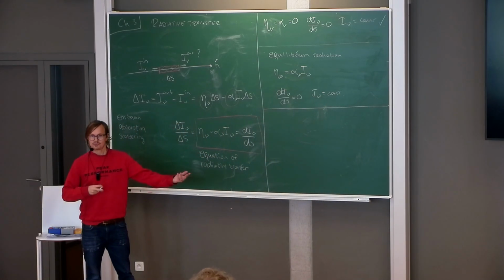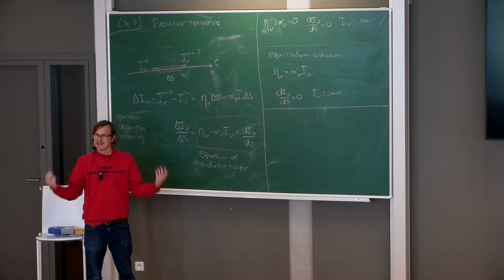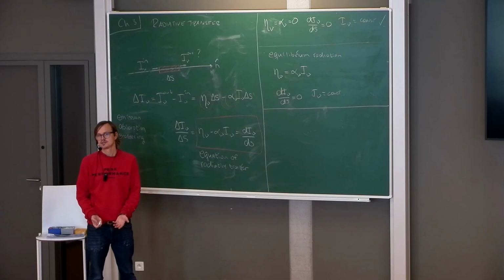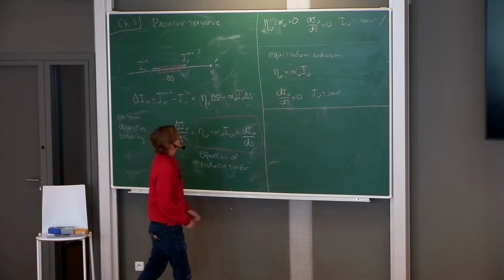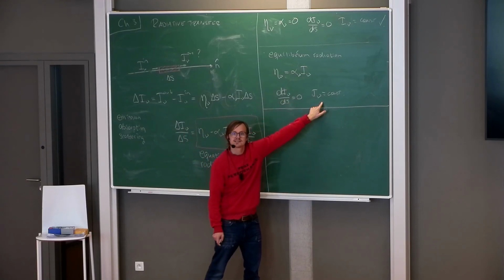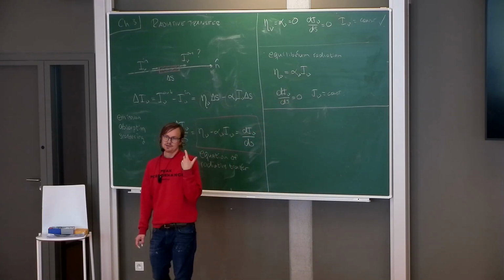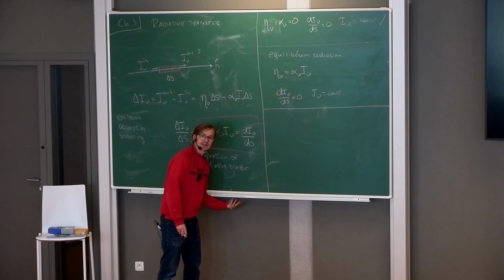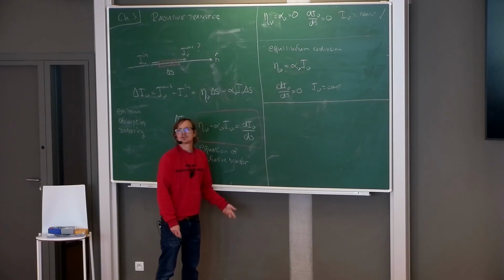So in both limits, we get that the specific intensity is constant. Now, in this case, this is equilibrium radiation, and then the radiation field, the specific intensity, is described by a very famous spectral shape function.